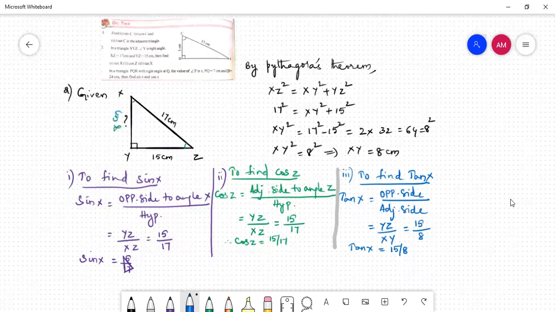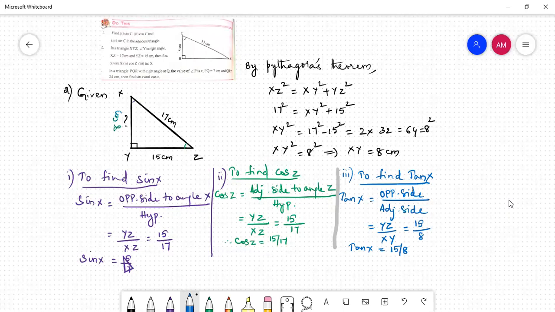So this is how we find different trigonometric ratios if the sides are given. Again, I am repeating for all these models. If two sides of a right angle triangle are given, we have to find the third side by Pythagoras theorem first. Later, we have to find the trigonometric ratios. For sine, it is opposite side by hypotenuse.